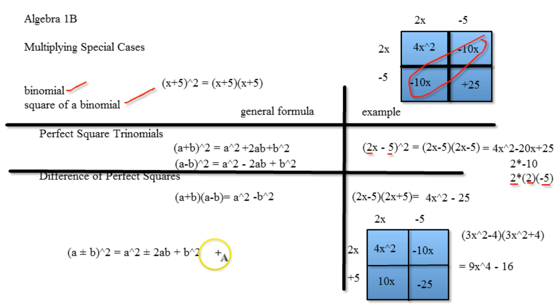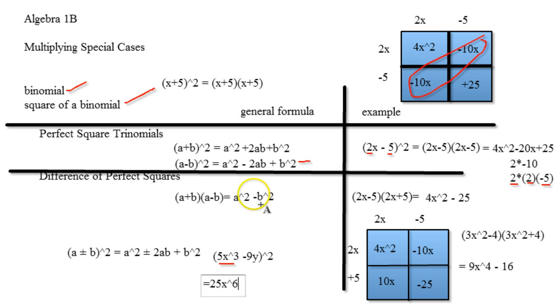So for example, if I gave you 5x to the third minus 9y, something complex like this, and then I square it, I'm going to use this to recognize that it's a perfect square trinomial. So all I do is square the first term, which equals 25x to the 6th.